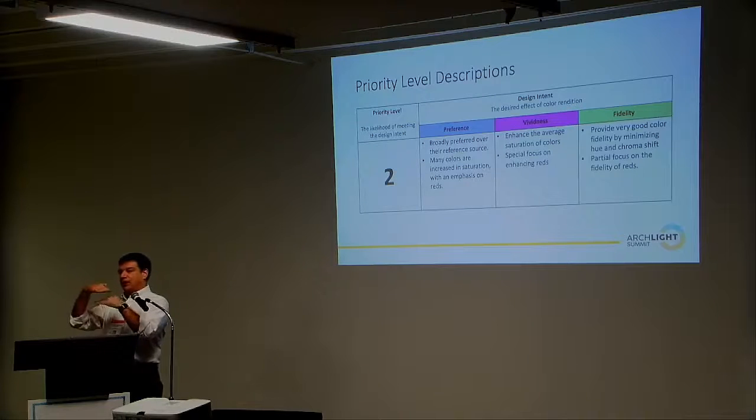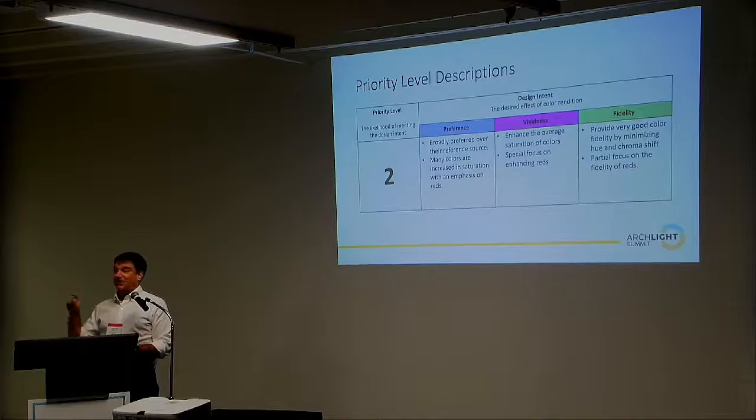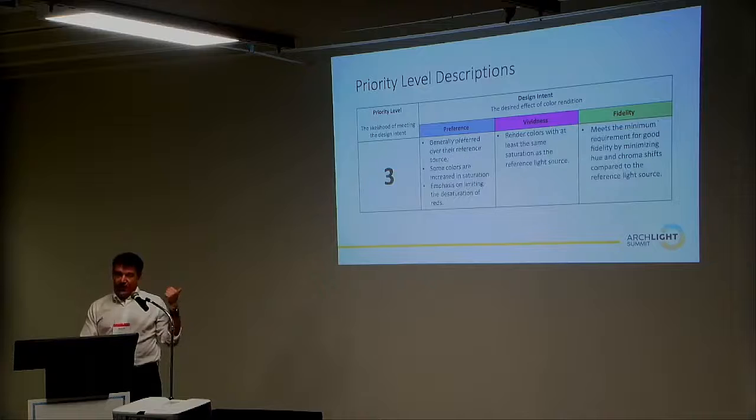But maybe we can look at cross sections through there, and maybe there's a way that we can do essentially highly likely to meet that design intent, likely to meet that design intent, and then I don't know what the next step down would be, probably meet that design intent. And that's why each one of these design intents has three what we call priority levels.